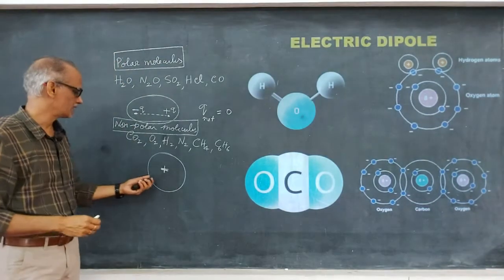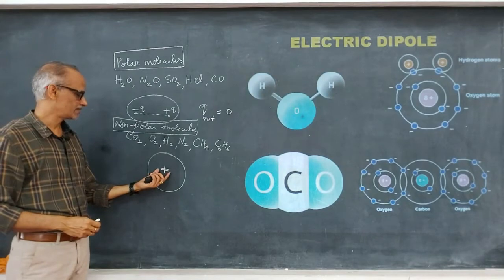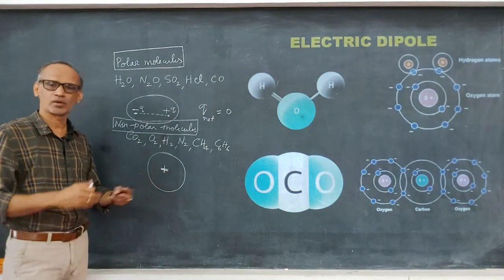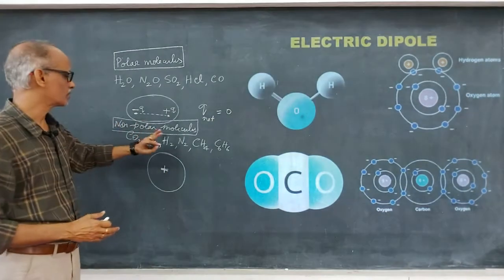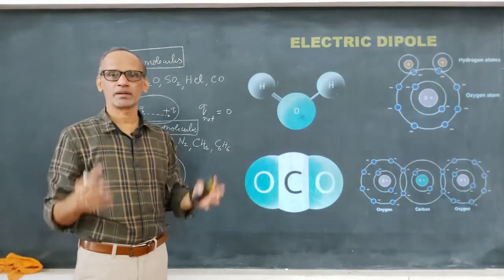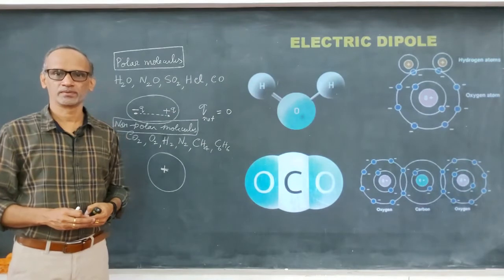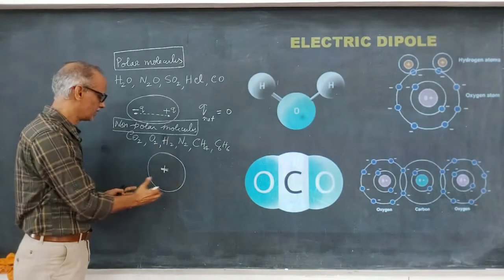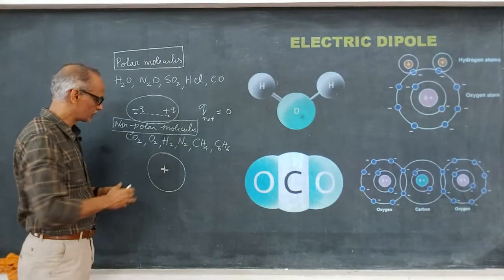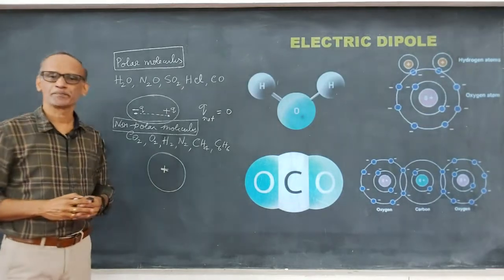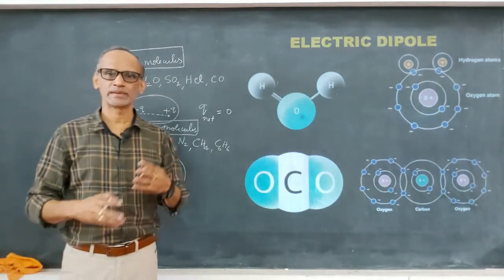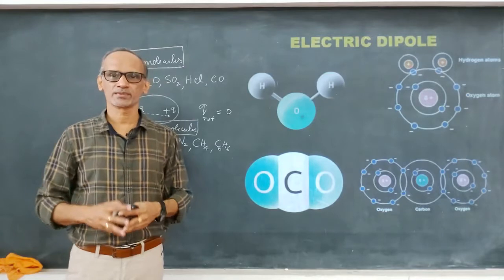As you can see here, since the positive center and negative center coincide, non-polar molecules do not represent an electric dipole. They don't form an electric dipole as such, or there is no intrinsic dipole as such. You will understand later what I mean by intrinsic and induced dipole.